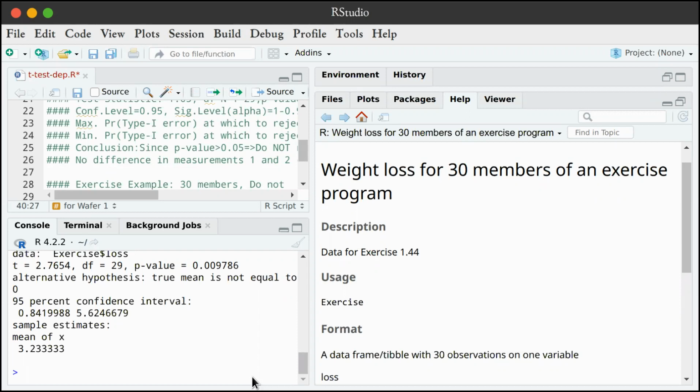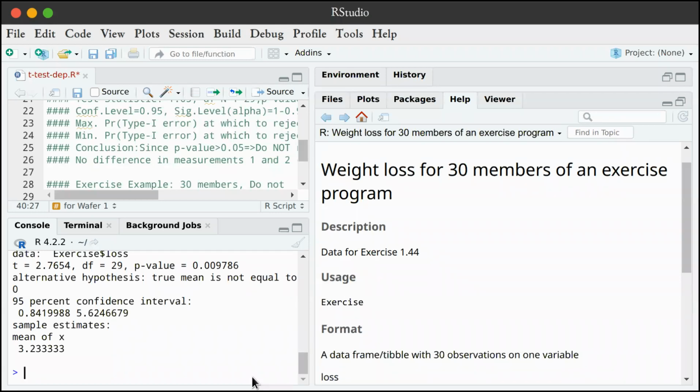Well, let's say I define the difference as after minus before, and I get an average of 3.233. What would that mean? We already know it is statistically significant. There is a difference.